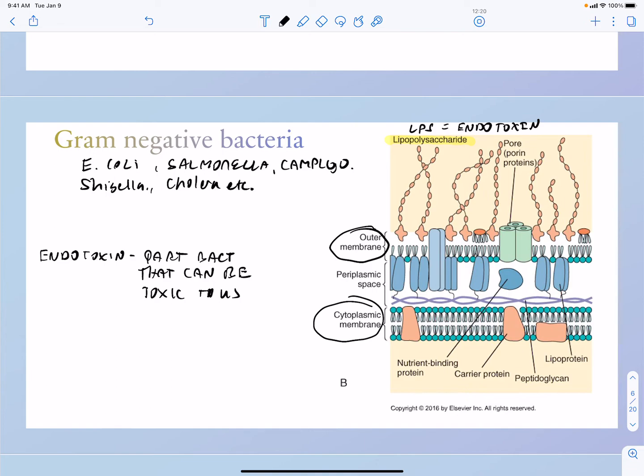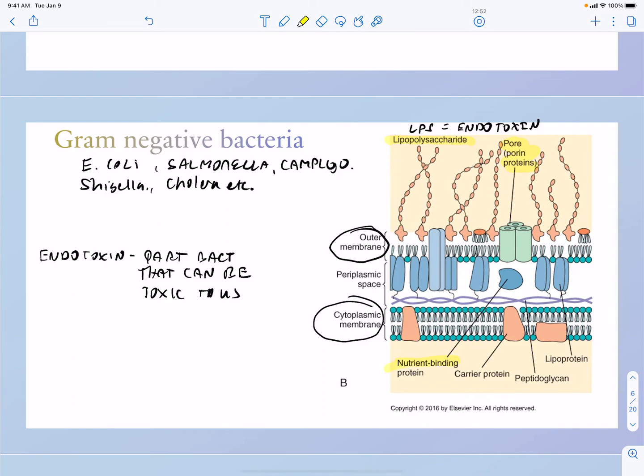Now, the other thing that the gram-negatives have that gram-positives don't have is pores. This becomes important for antibiotics because gram-negative bacteria have an added protection of being able to pump out your antibiotics. So it can help the bacteria be more resistant naturally to antibiotics. This is not an antibiotic resistance gene. The pore can pump out many things, it can pump in many things, but it is a mechanism they can use.